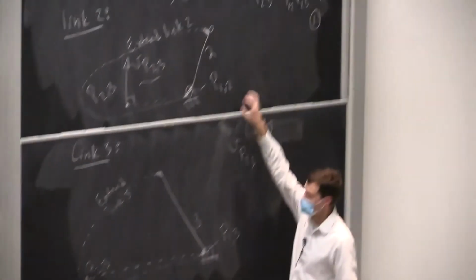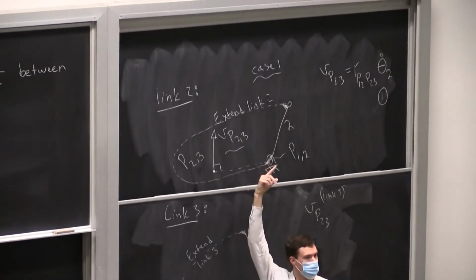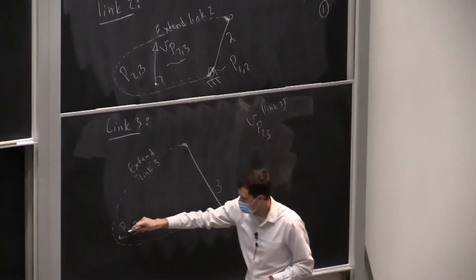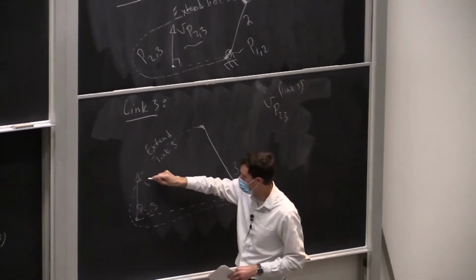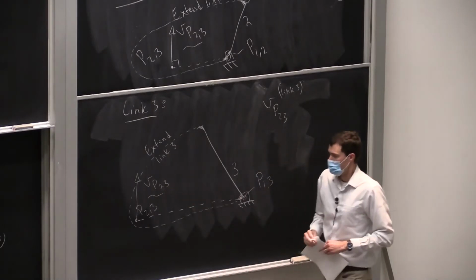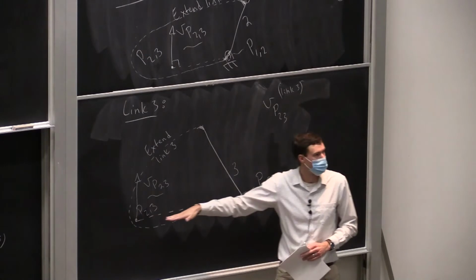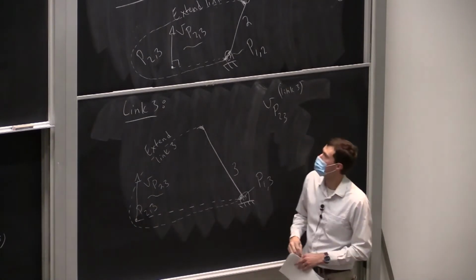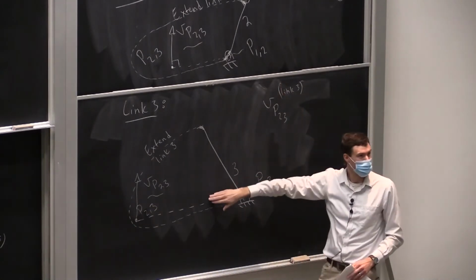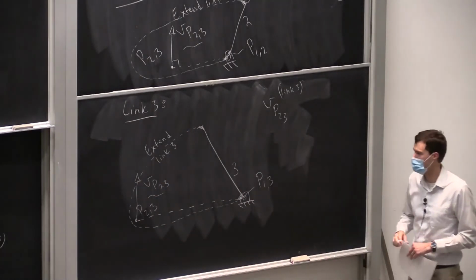Here's link 2, here's link 3. On link 2, the velocity of P23 was up, so it's got to be the same here, also up. It's not by chance that that is perpendicular to this line. That's why P23 is there, because on both link 2 and link 3, the velocity is vertical in the upward direction.